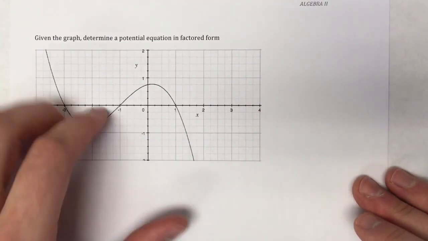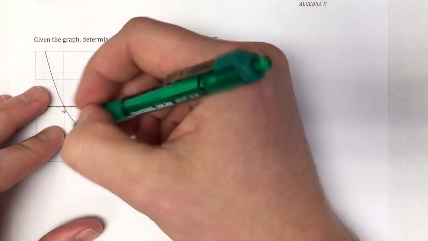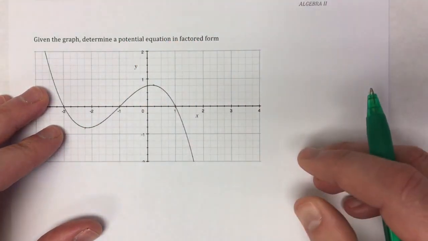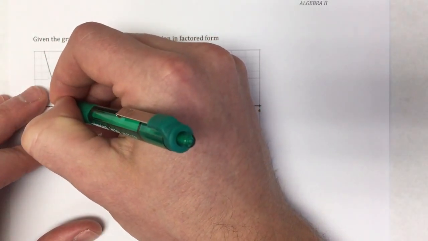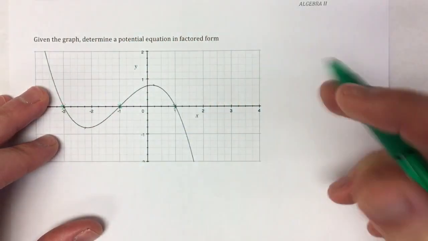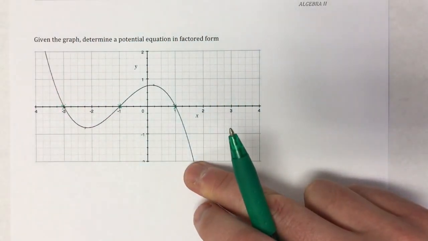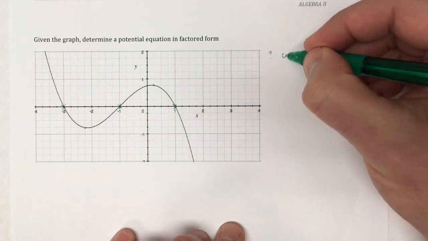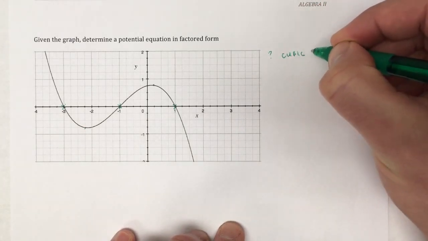And so what we have here is given the graph. And as I look at the graph, I see two relative extrema. I see three roots. I see it going in opposite directions with its end behavior. So my guess is that this function is going to be cubic.